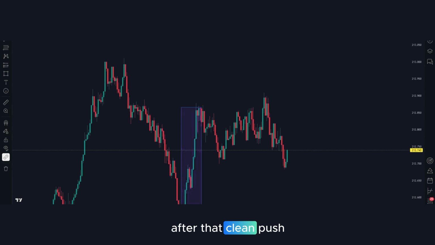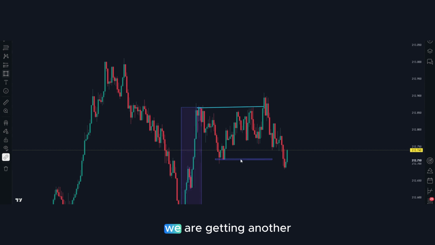After that clean push to the upside, I'm having a break of structure at that zone. Before this break of structure happening at this zone here, we have this pullback, creating a zone which is our lower high at that point there.